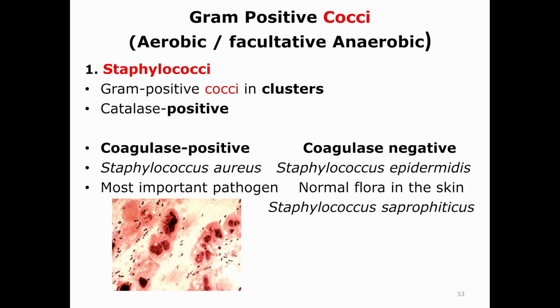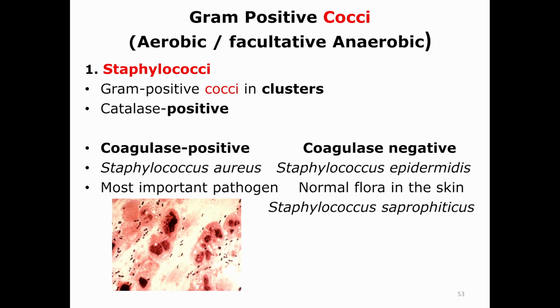And so if you take the sample and it clots after you have prepared it in the laboratory, then we say it is coagulase positive. But if the sample does not clot, then it means the bacteria does not have the enzyme coagulase, which converts fibrinogen into fibrin, and so the sample will remain like that and not clot.